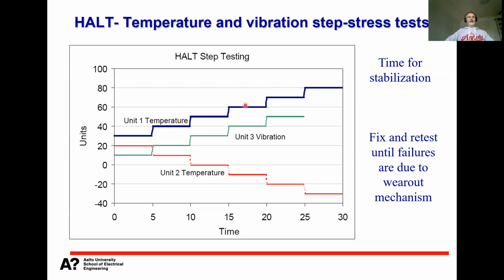You fix that failure, and you start again. Then you end up seeing another failure at 70 degrees, you fix that failure, and start again. And you do it as long as you can still fix the failures, or until you start seeing wear out mechanisms, so that now this product has been too long in too high a temperature, so it's no longer an overstress failure, it's a wear out failure.